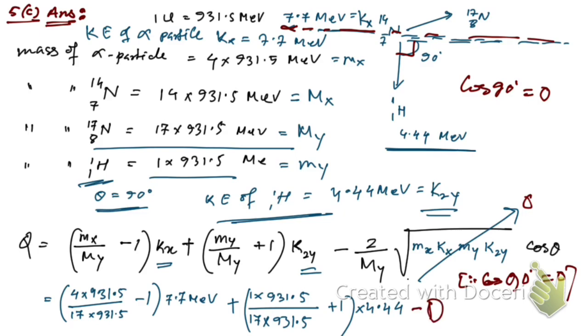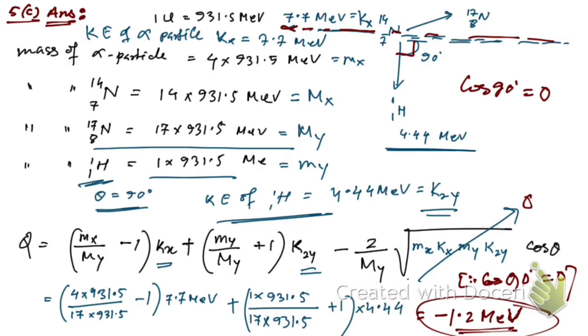If you use a calculator, and I have used a calculator here, we get this value approximately minus 1.2 MeV. So this is your answer. Hope you have understood this.